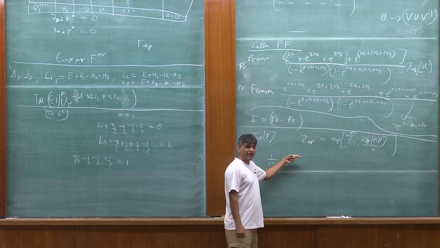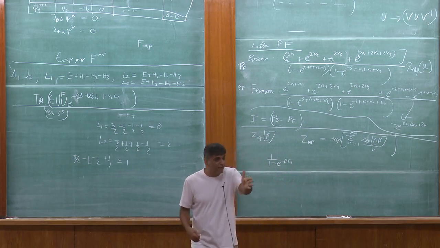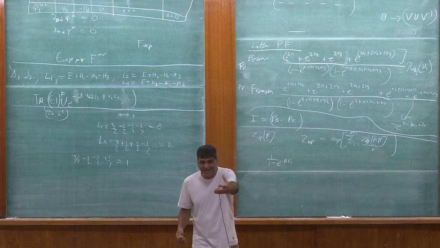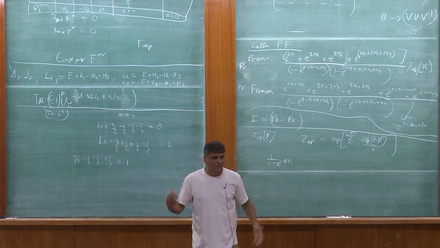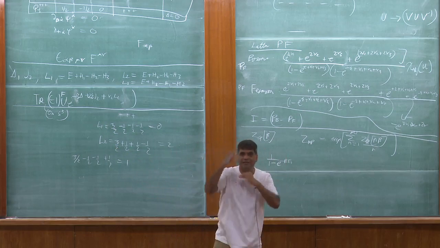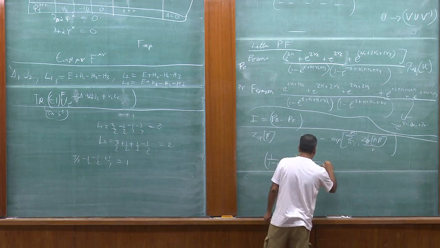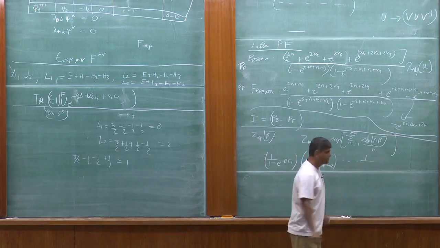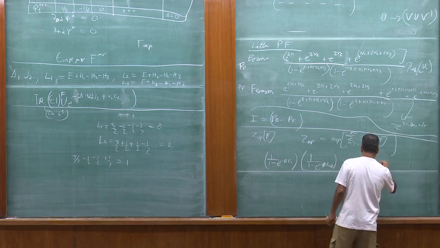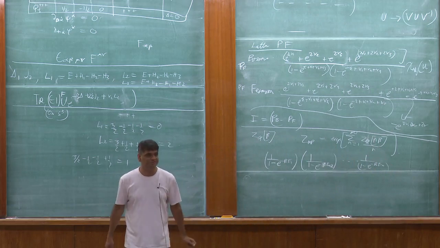Because if you expand this geometric progression, you get 1 plus e to the minus beta E1, that's occupying once, plus e to the minus 2 beta E1, that's occupying twice, and so on. So if there's no restriction on the number of bosons you can put in this single particle state, it would be this times the same for the other states. And now if it wasn't 5 states but an arbitrary number of states, you have 1 minus e to the power minus beta E, and then this product over all states. This is your partition function.